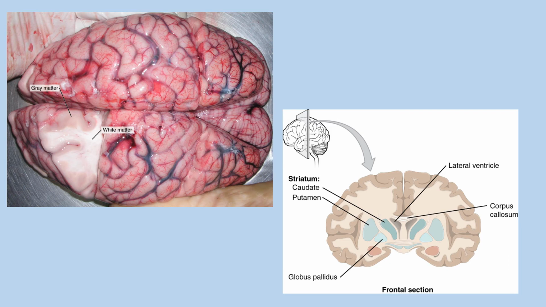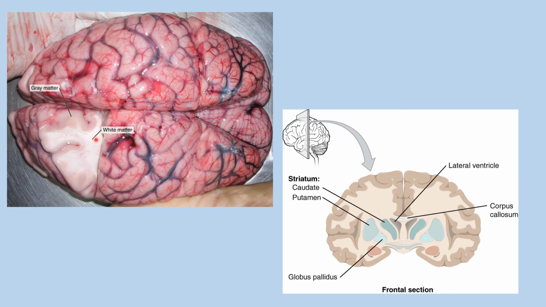And so something that you can see here that is kind of interesting, over here we have the brain, and if you do a little dissection into it, cut away a piece, this is the surface over here. With the brain, on the superficial area is the gray matter, and then deeper is the white matter.